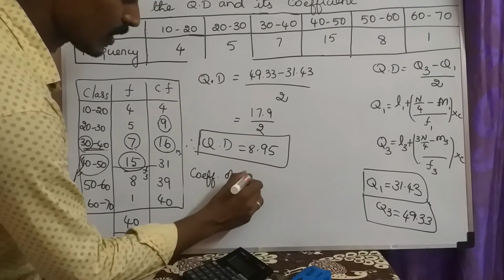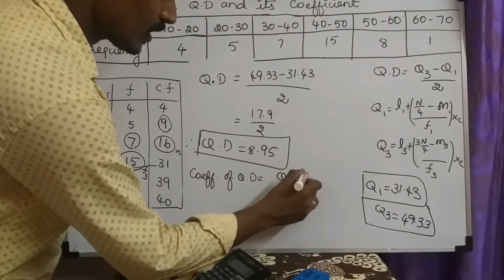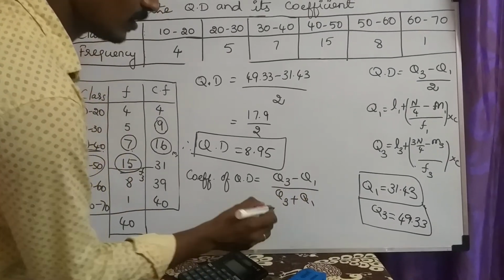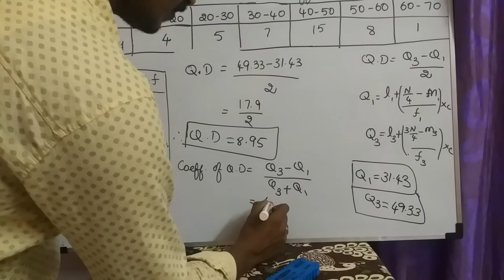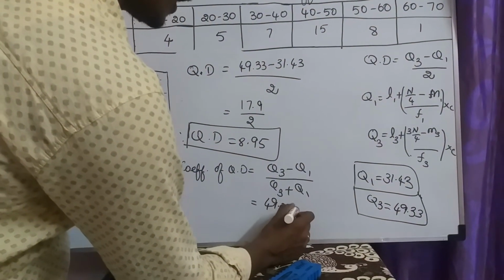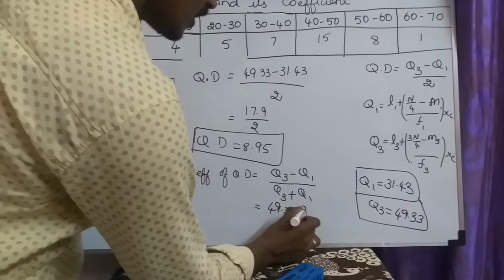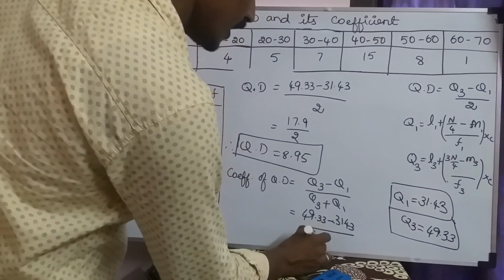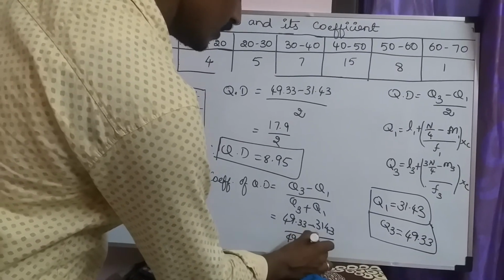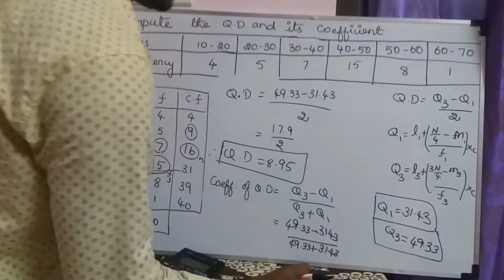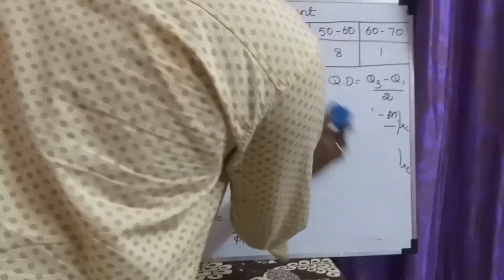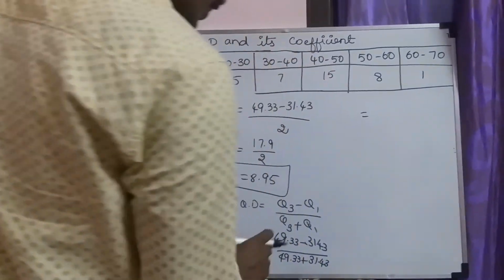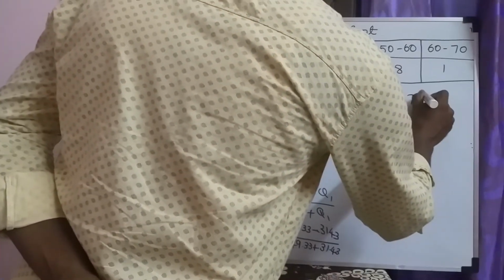Next, coefficient of QD. Coefficient of QD is Q3 minus Q1 divided by Q3 plus Q1. So 49.33 minus 31.43, divided by 49.33 plus 31.43. If you subtract this, we get 17.9.